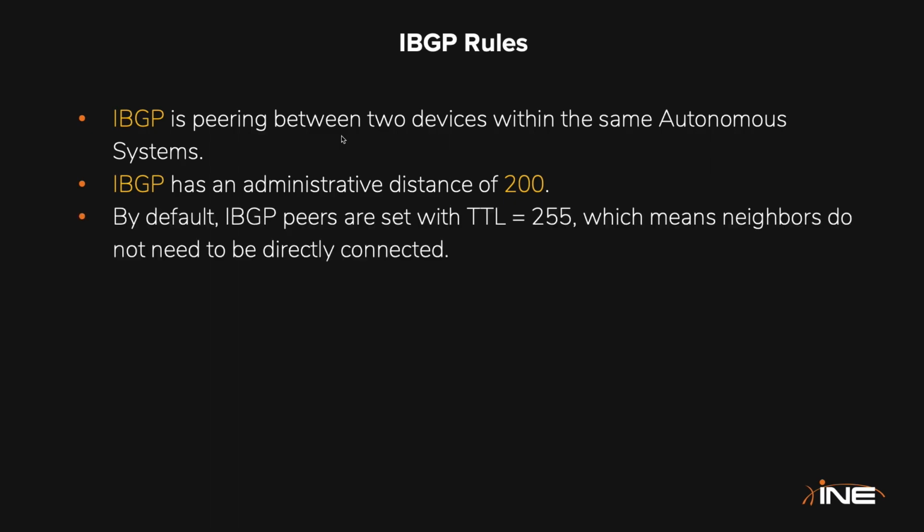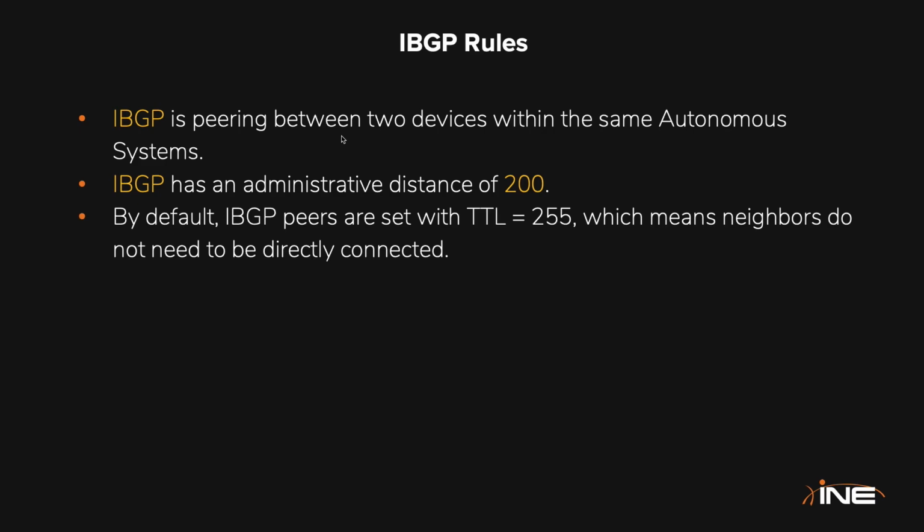By default, iBGP peers are set with a TTL of 255, which basically means that neighbors do not need to be directly connected. If you remember, in eBGP, they had to be directly connected, and if they were not, we had to change the eBGP multi-hop value. However, in iBGP, they are by default set to 255, which means that I do not need to have two routers directly connected with each other to establish iBGP neighborship.